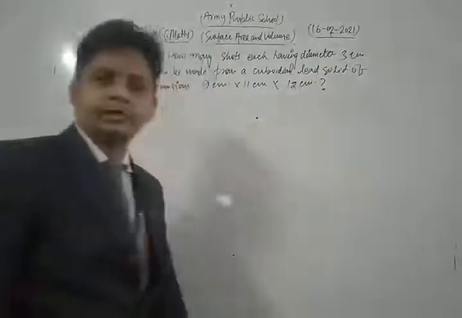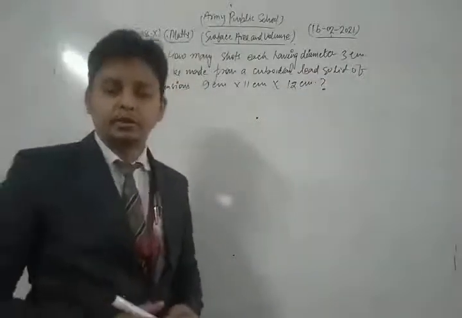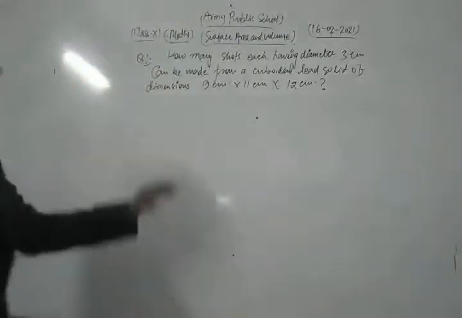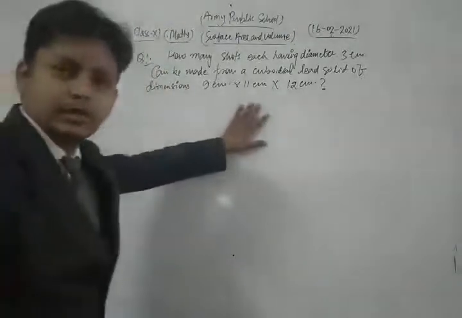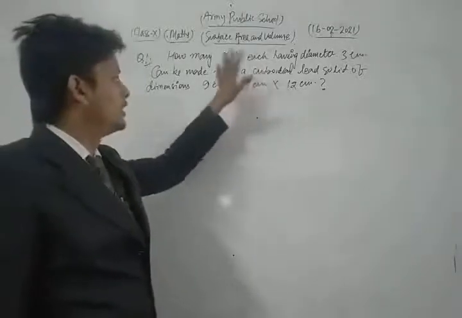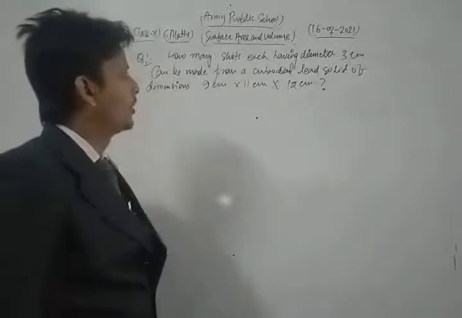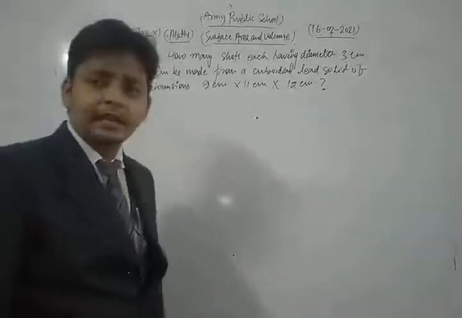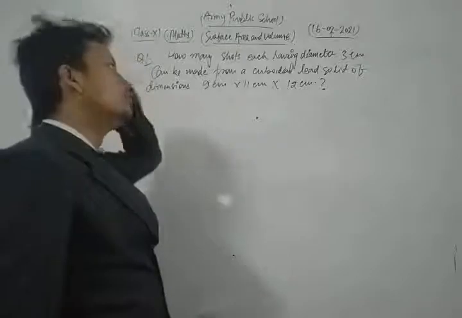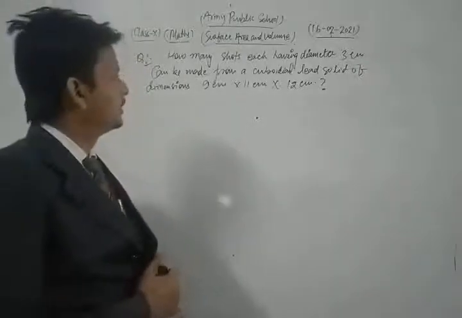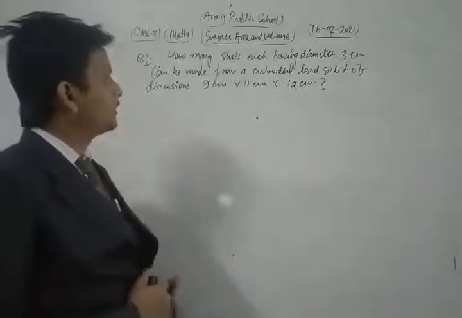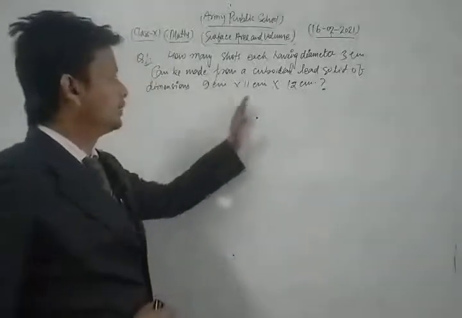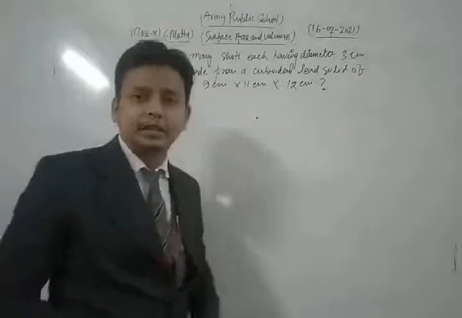Dear friends, this is a very important question based on your syllabus. The question is: how many shots, each having diameter 3 centimeter, can be made from a cuboidal lead solid of dimensions 9 centimeter, 11 centimeter and 12 centimeter.